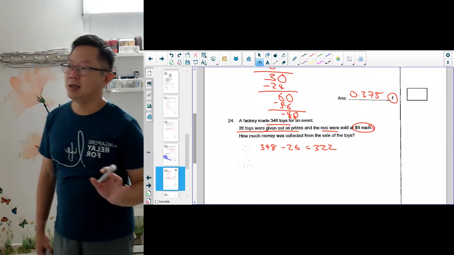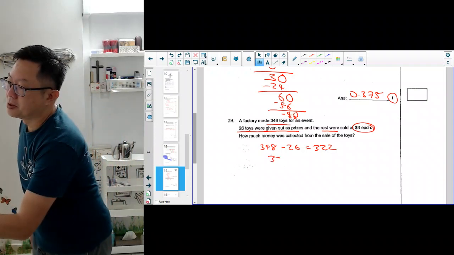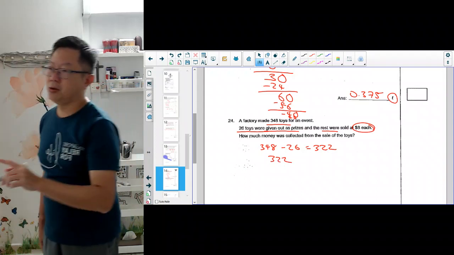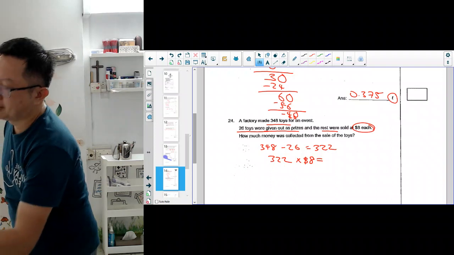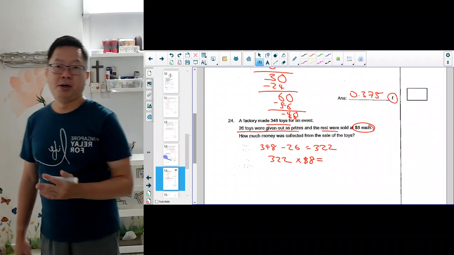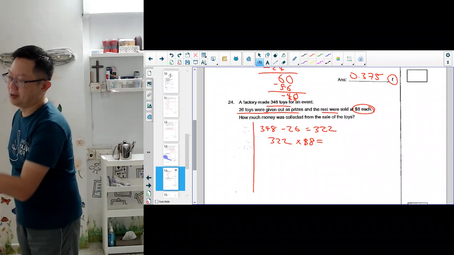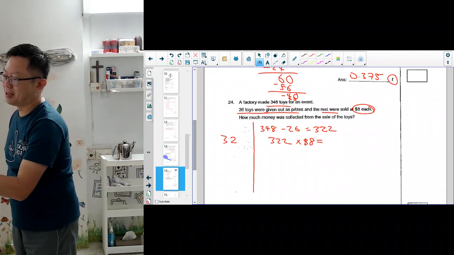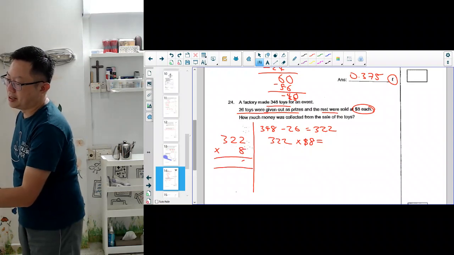322 toys left. And what happened to the rest of these toys? You sold them, right? The rest was sold at $8 each. So you have to multiply by $8. I'm sure you know how to multiply, but let's just do a quick one in case you forgot. So 322 times $8. You have 2 times 8 will be 16.